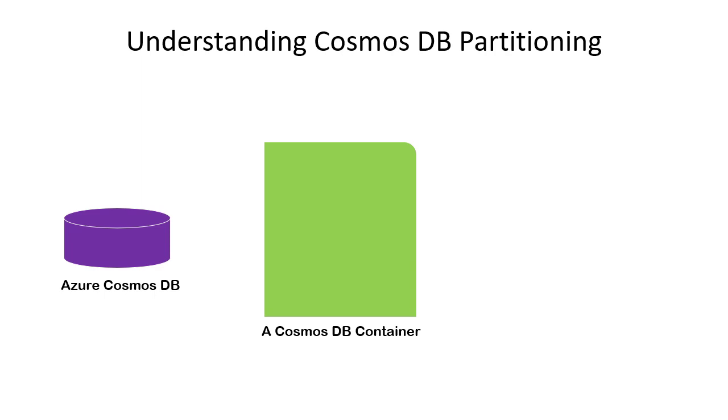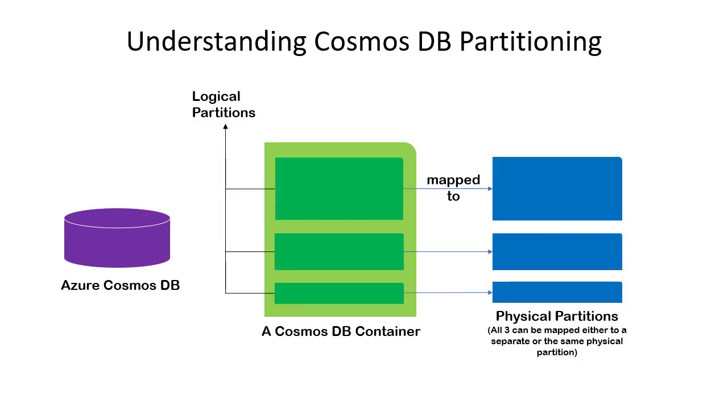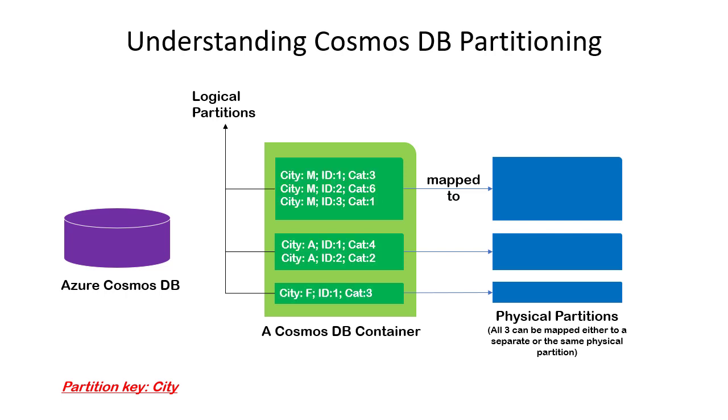In partitioning, the items in a container are placed into distinct groups called logical partitions based on the value of a partition key associated with each item in the container, such that all items in a logical partition have the same partition key value. In addition to this partition key, each item in a container has an item ID which is unique within a logical partition.